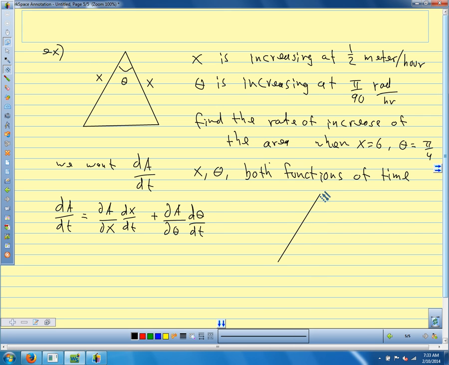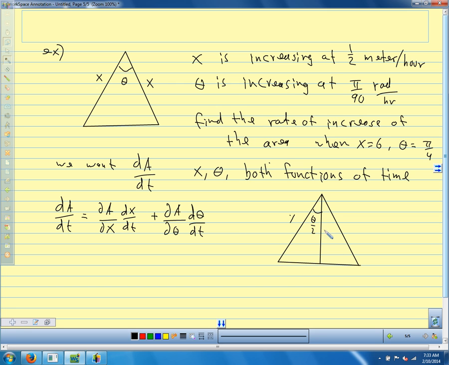Let me draw another picture over here. So how do we find the area of a triangle? 1/2 base times height. So let me draw in a height here, an altitude. So this angle is going to be theta over 2.